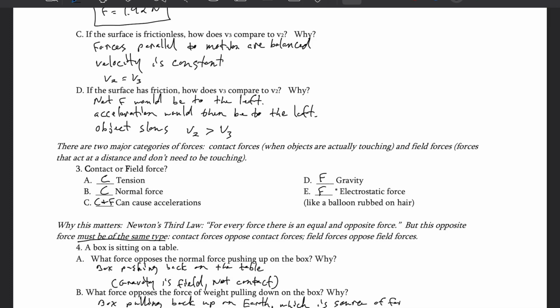I'm just saying here, it pulls back on the earth because the earth is the source of gravity.